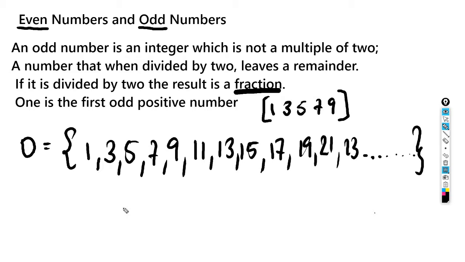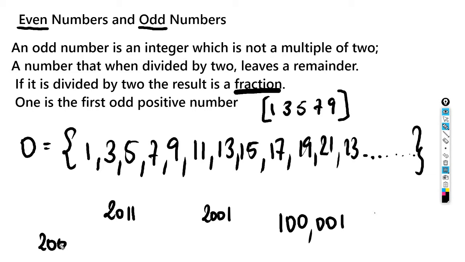So let's look at some examples. 2011, okay, that's an odd number, okay? Let's look at 2001, that's also an odd number. Let's look at 100,001, okay? This is also odd. Let's look at 2003, that's odd.